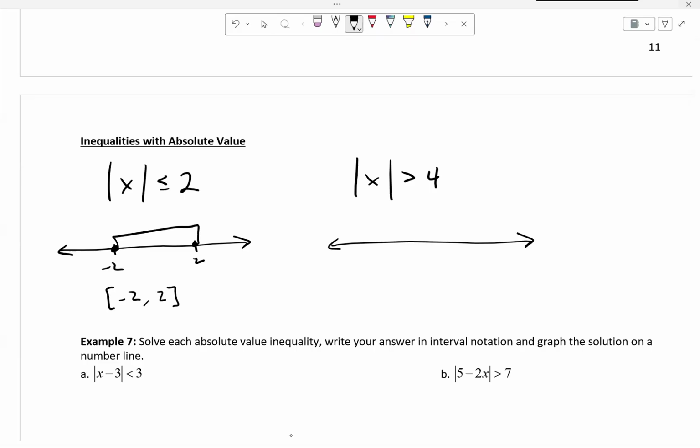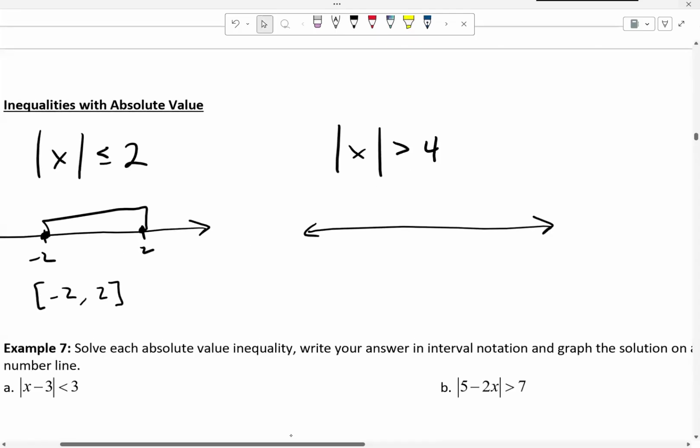But the second one, who'd like to tell us what they came up with? The solution for this, absolute value of x is greater than 4. Extraneous. Oh, there's nothing? Really? Solve an absolute value and it's like an equation.